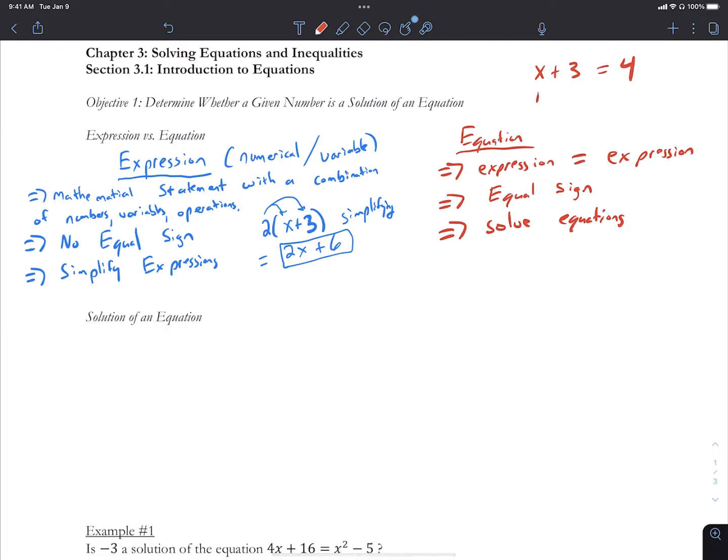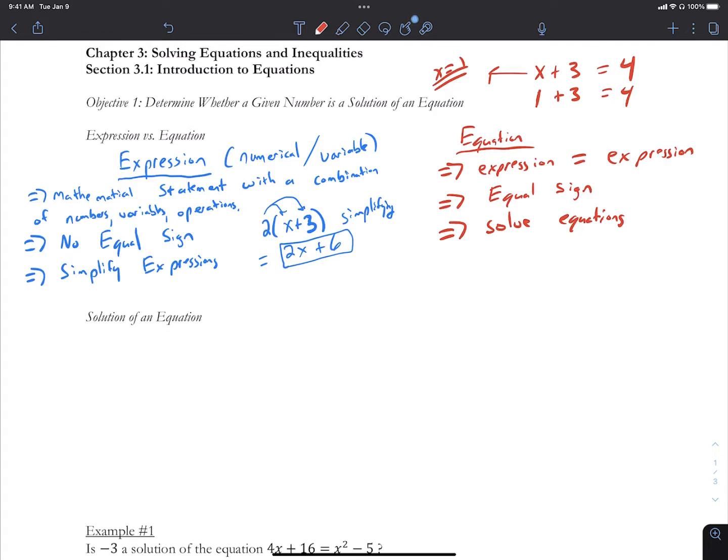Well, you should recognize, 1 plus 3 is what gives me 4. So in other words, I can solve this equation and get x equals 1, which would be the solution for that equation. Because if I plug in 1 for x, I get 1 plus 3, which equals 4, so I can find that solution.